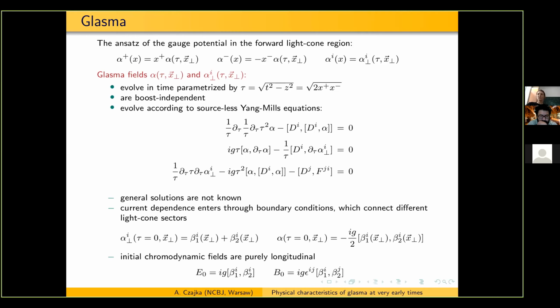Boundary conditions connect different light cone sectors at tau equals 0, and they are given here. At the beginning, glasma fields are just given by the pre-collision potentials, or in terms of chromodynamic fields, we can say that at the beginning only longitudinal electric and magnetic fields develop in glasma, and transverse components develop later.